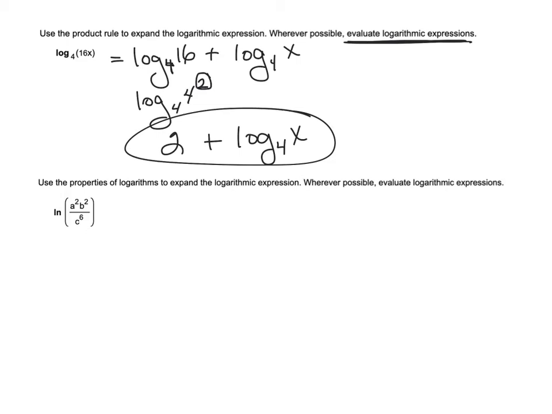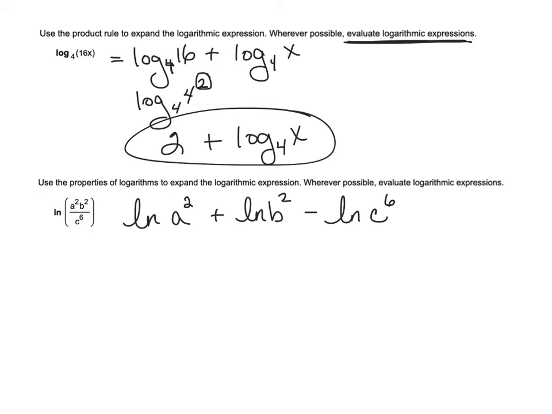Okay, now looking at this next one, if you notice we have division, so I just wanted to show you this one. To split this up, let's see, we have a squared times b squared, so that would be natural log of a squared plus natural log of b squared. And the subtraction, the division means you subtract before that one. Okay, those are using the first two rules.